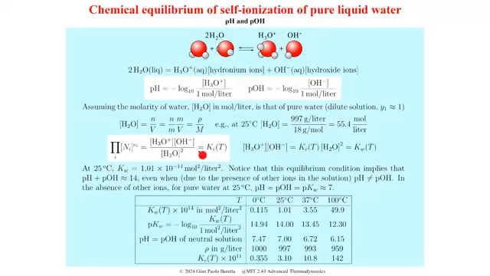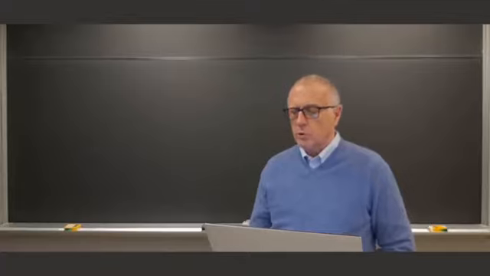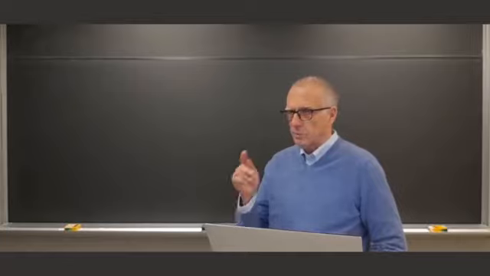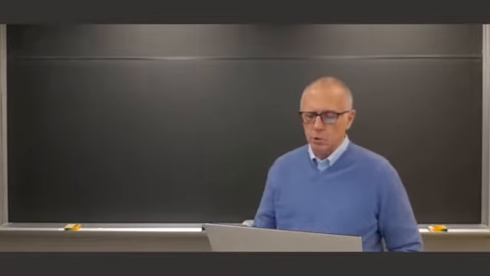And then this equation rewrites this way: the product of the concentrations of the hydronium and hydroxide ions is equal to this constant, which is not really constant, because you remember that equilibrium constants vary a lot with temperature.